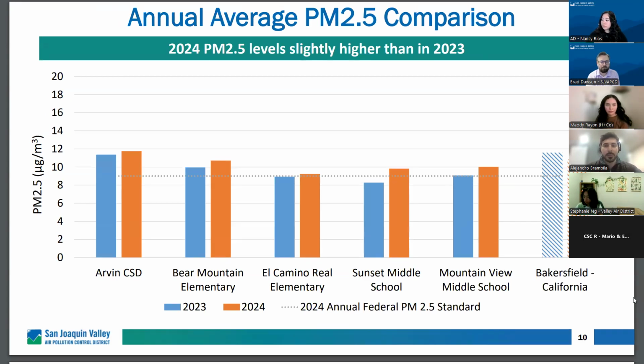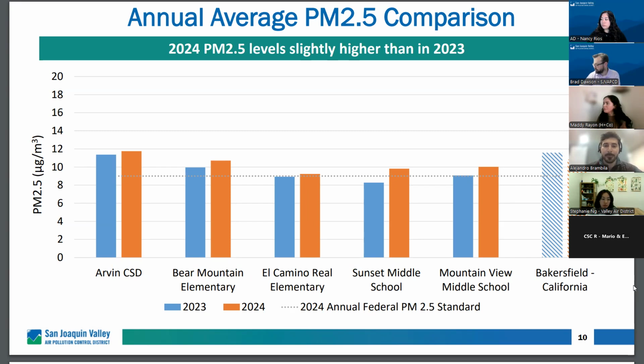So this graph shows the annual average for the entirety of the year 2024 compared to 2023. As we saw in the quarterly charts, the annual averages are slightly higher in 2024. It should be noted that the 9 microgram annual federal standard was just recently implemented last year. Prior to that, it was 12 micrograms, which all of these values would have been under.